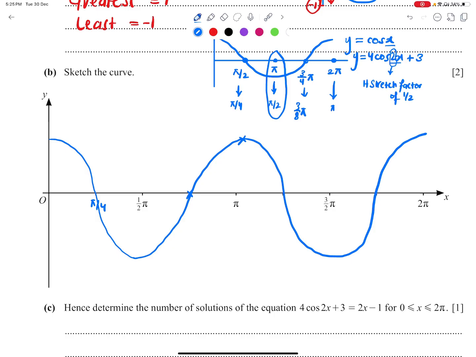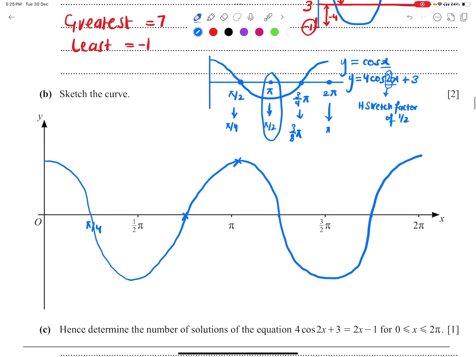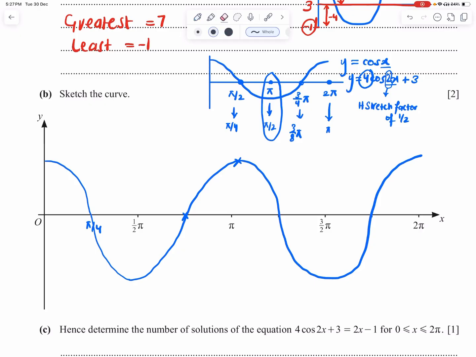Something like that. Now you need to understand that your question does not end over here because it also has some other complications. You have a 4 multiplied over here. This basically means that, as I discussed earlier, you are going to be having a mean axis at 3.